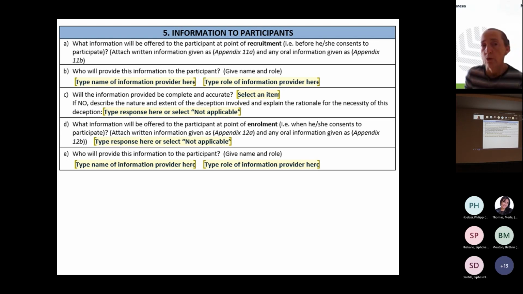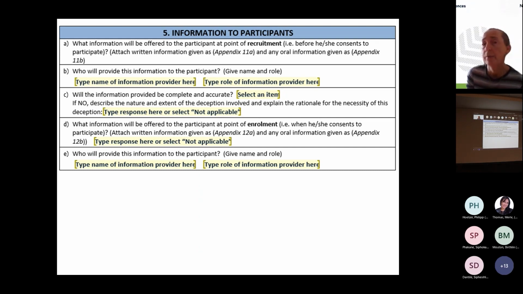Then, very importantly, who will provide this information to the participant? So type the information provider and then the specific role. This depends on your study. Is it going to be only the PI, the principal investigator, which, if it's a master's or a doctoral study, is usually our student?